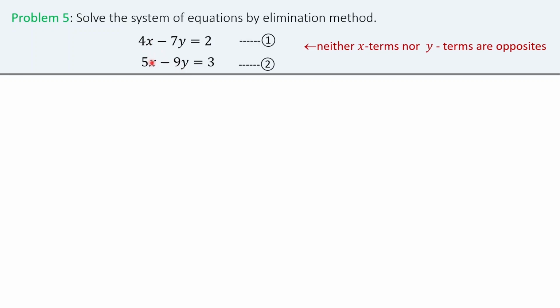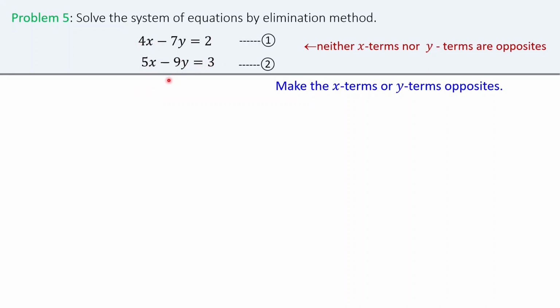So neither the x terms nor the y terms are opposites. To use the elimination method, you need to make the x terms or the y terms opposites. But in this system, you cannot make opposites by multiplying a number, that is an integer, with one of these equations.